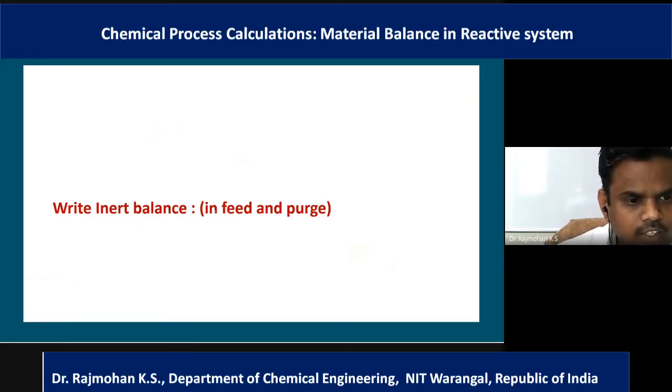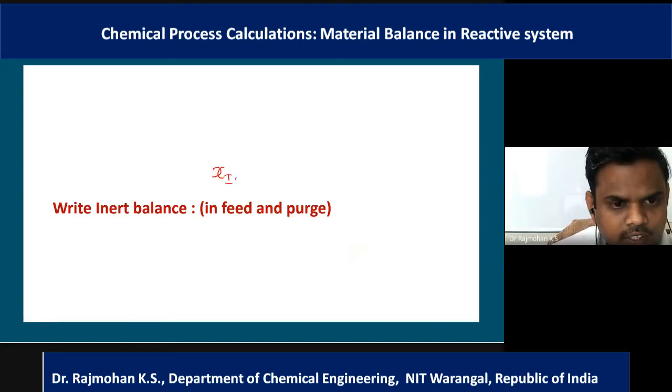The amount of inert in the feed is equal to the amount of inert in the purge. Mole fractions are given: xi in the feed and xi in the purge. Total amount is F, and P is the total flow rate. F is 100 moles, we had 100 moles. We don't know what P is.